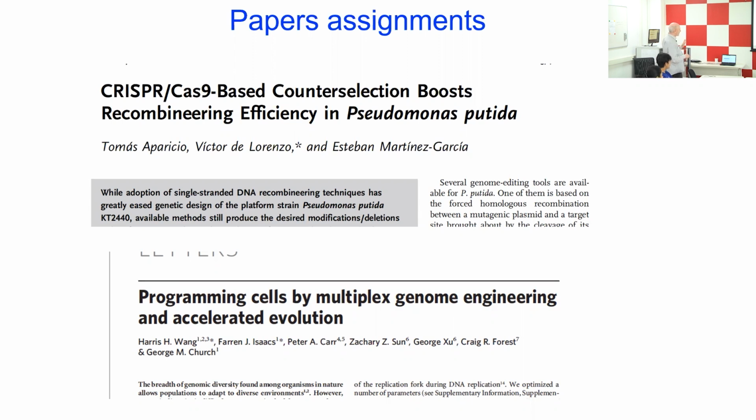Multiplex genome engineering accelerated evolution is the platform that enables entering many different mutations by transforming into growing cells mutagenic oligos together with expression of a recombinase that will facilitate the entry of these mutagenic oligos in the replication forks of the chromosome, and therefore will enable as well the inheritance of different mutations at the same time.